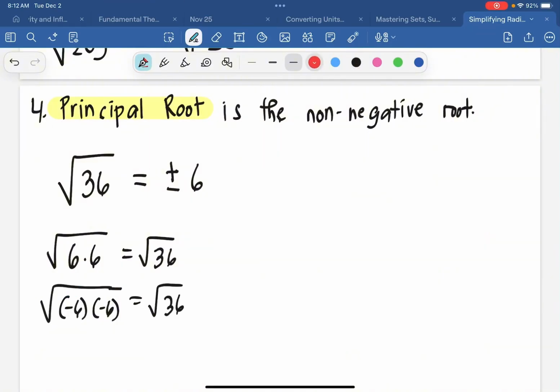However, based on the definition, it is the non-negative root, so basically, we only take the positive answer. The principal root of the square root of 36 is only positive 6.